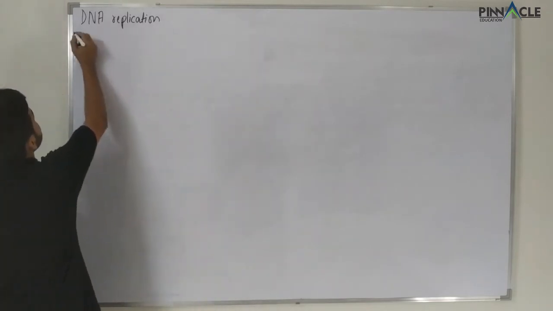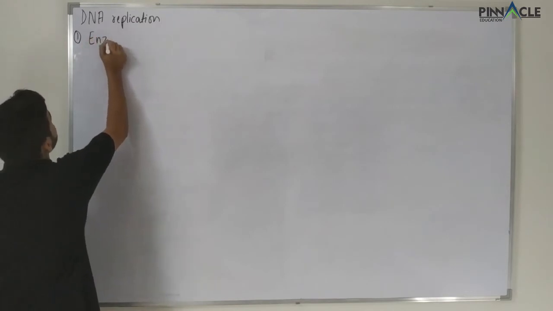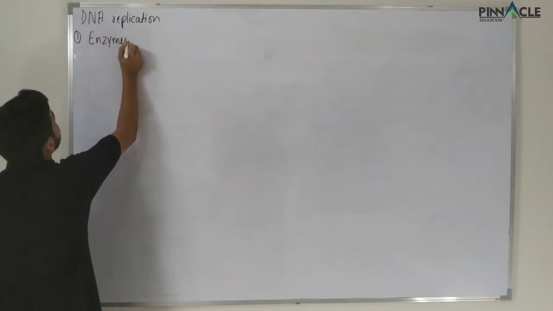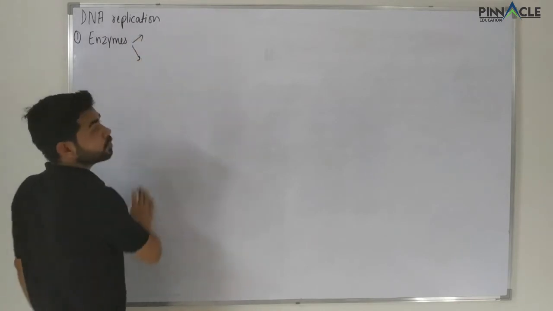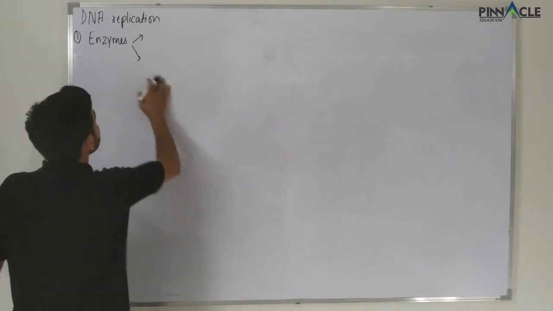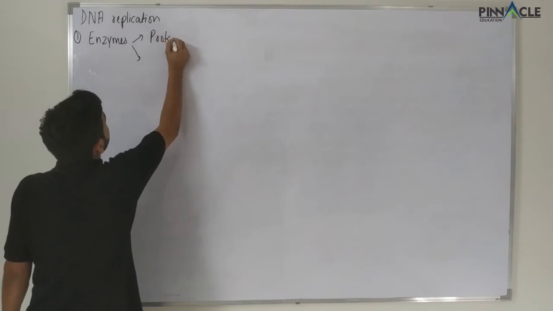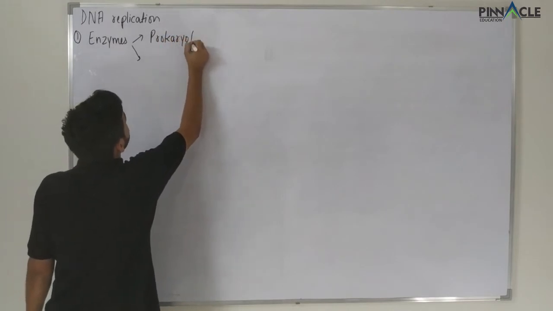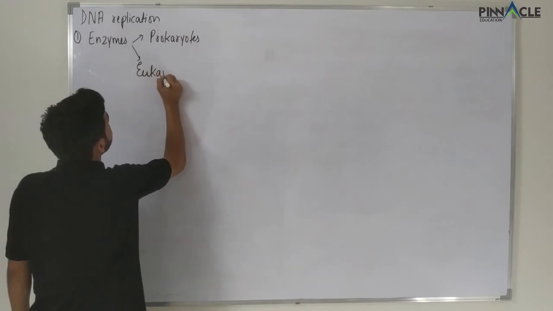So the first part is the enzymes used in DNA replication. Enzymes in prokaryotes and eukaryotes will be different. So there are many enzymes, but we'll study the main enzymes. In prokaryotes we have different enzymes, and in eukaryotes we have different enzymes.